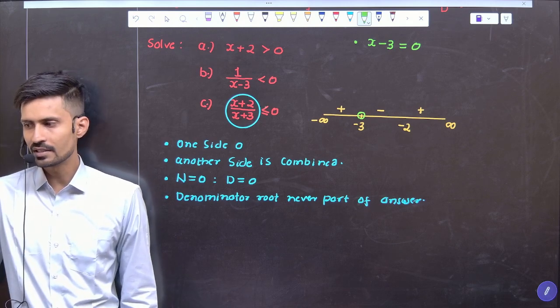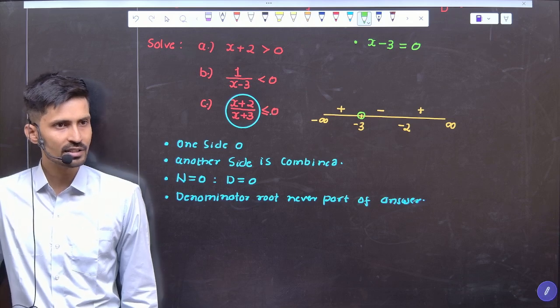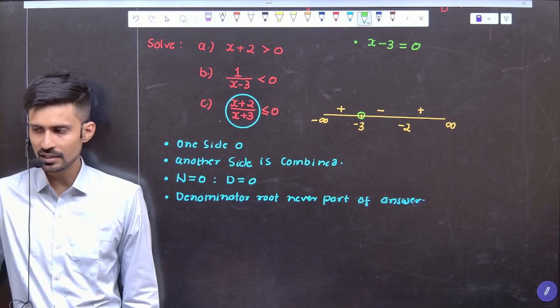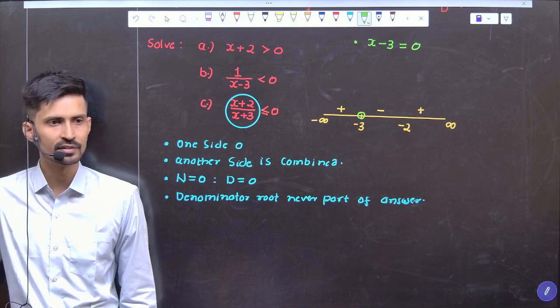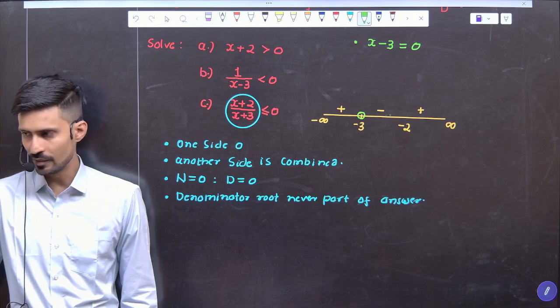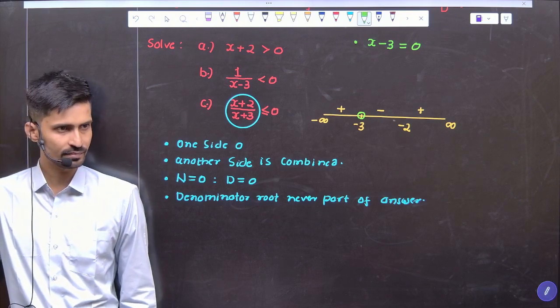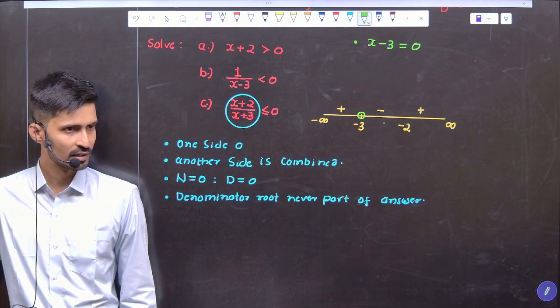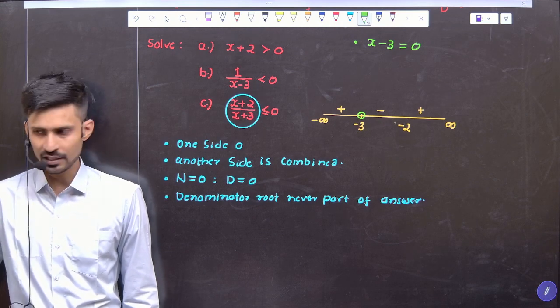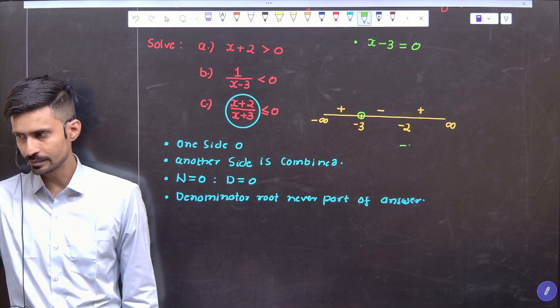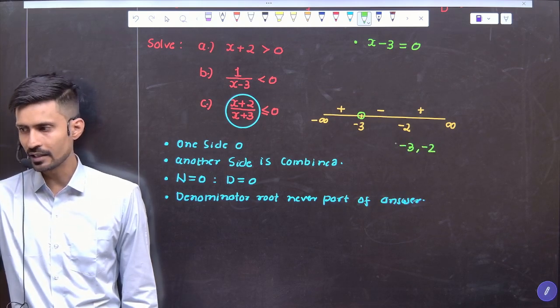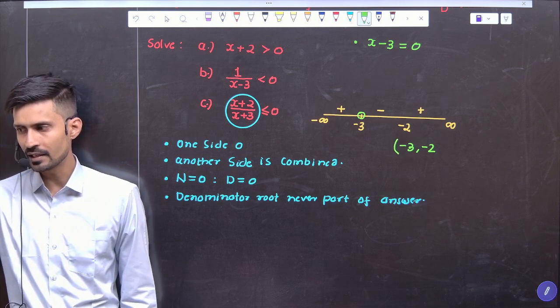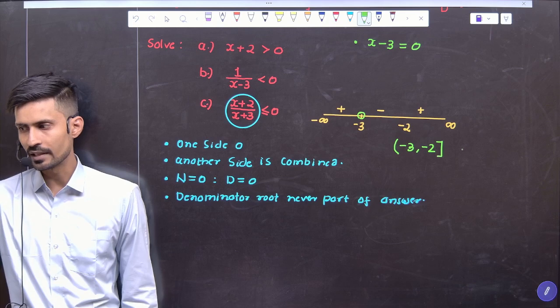Now tell me, what is the question here? Less than 0. Tell me, less than 0 is positive or negative? Negative. So tell me, where is negative? This one. Minus 3 to minus 2. So answer will be minus 3 to minus 2. Now I have to put bracket. On minus 3, I will put open bracket. On minus 2, I will put close bracket. Answer.